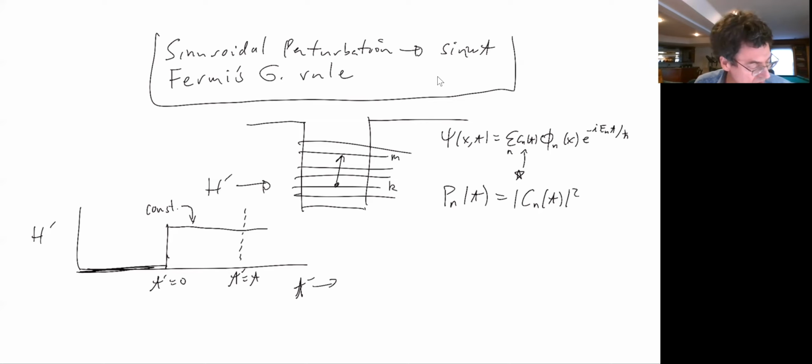And we know from our treatment that if we pick some Cn of t or Cm, it doesn't matter what the index is, we calculated that that factor can be calculated.